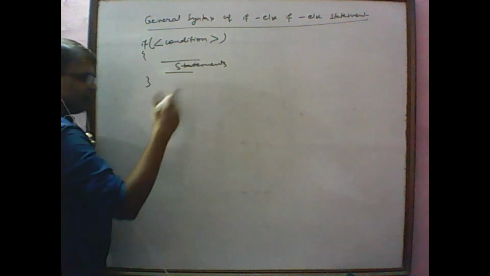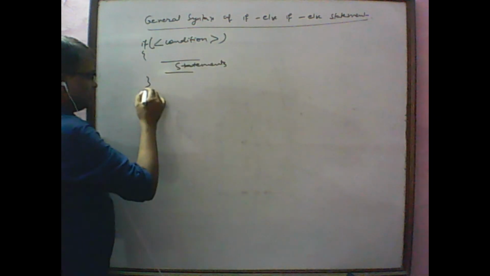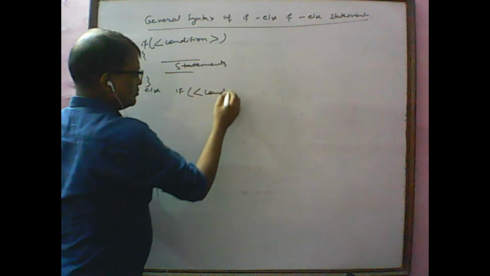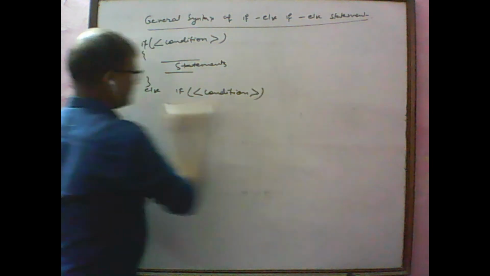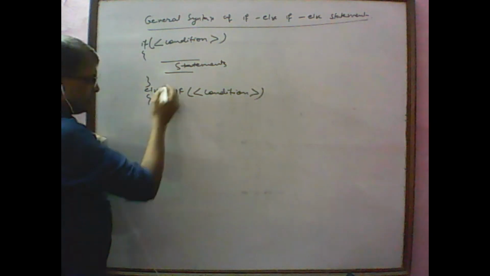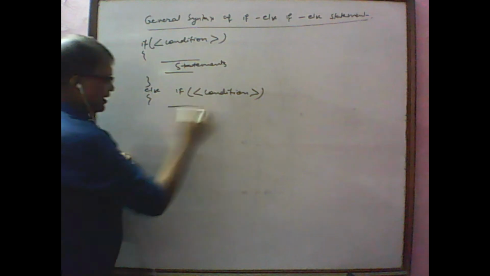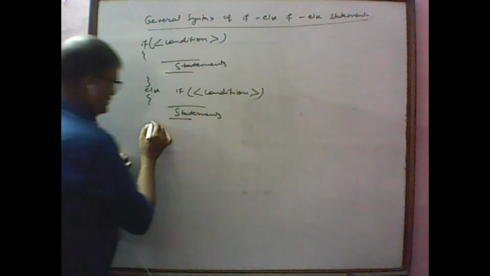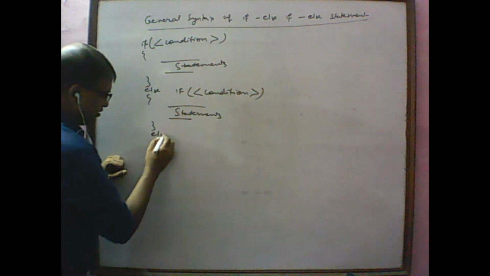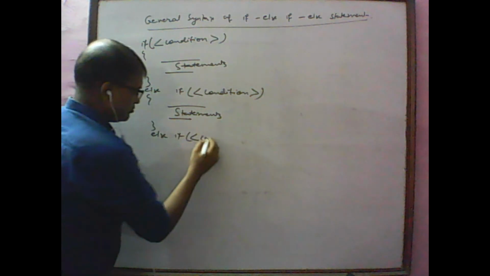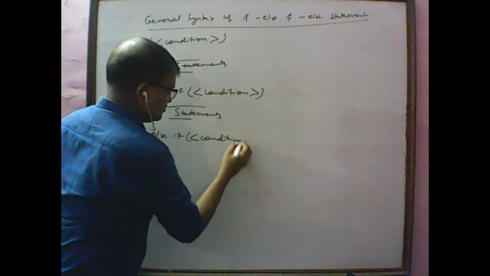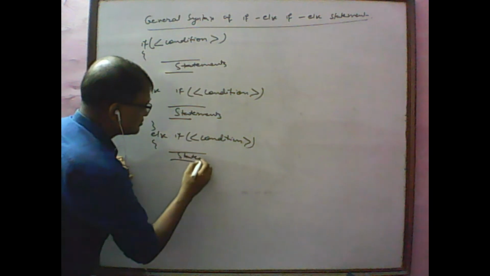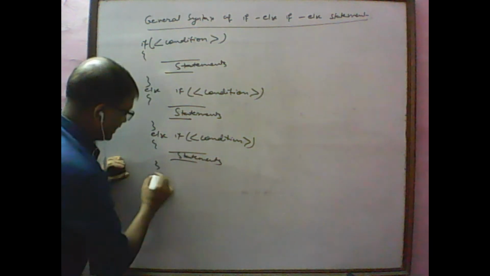After that, if we have 2, 3, 4, 5 conditions, then we'll use else if with a condition. Again, for each section we have to give the opening curly bracket, the statements to be executed, and the closing bracket. Again else if condition, statements, and so on.